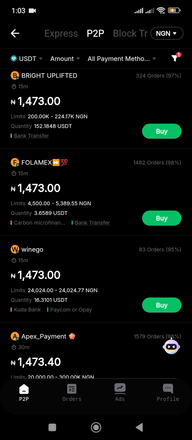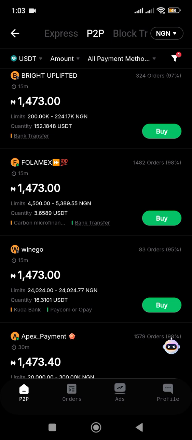I do this every day. I trade on P2P. I buy USDT on P2P and I sell USDT on P2P, and I can tell you I know who is who. I know how to easily spot a scammer, and how to easily spot a genuine seller or buyer.